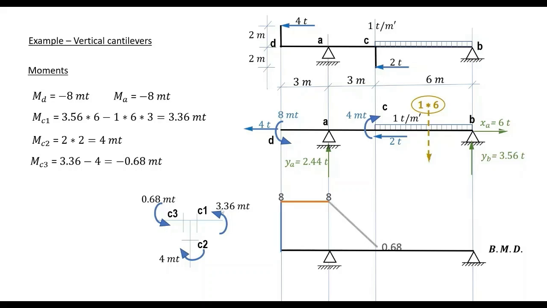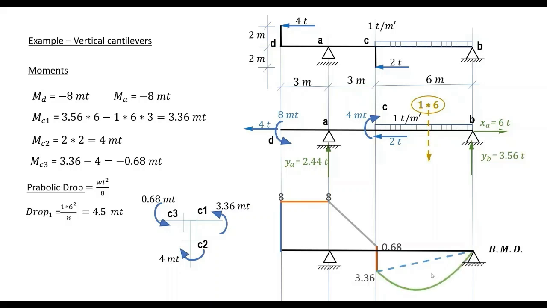MC1 will have 3.36 plotted downwards with the tail of the moment, and our zero moment at B. We drop our parabola WL squared over 8, which is 6 squared over 8, 4.5 meter tons here. This concludes our problem.